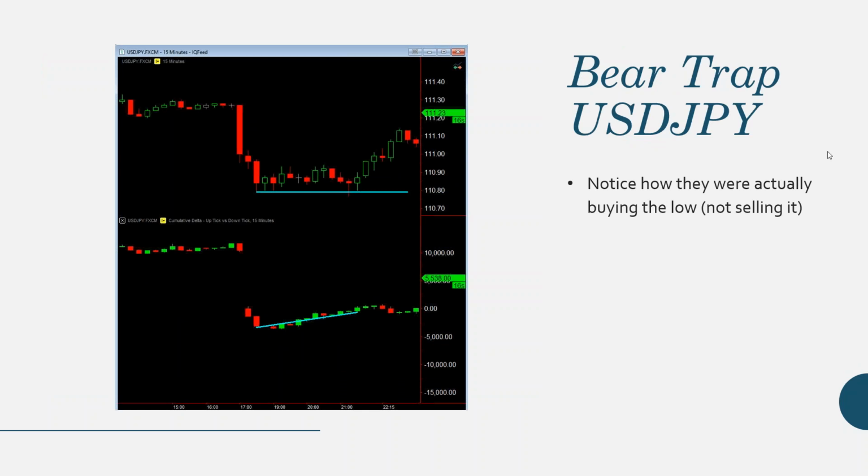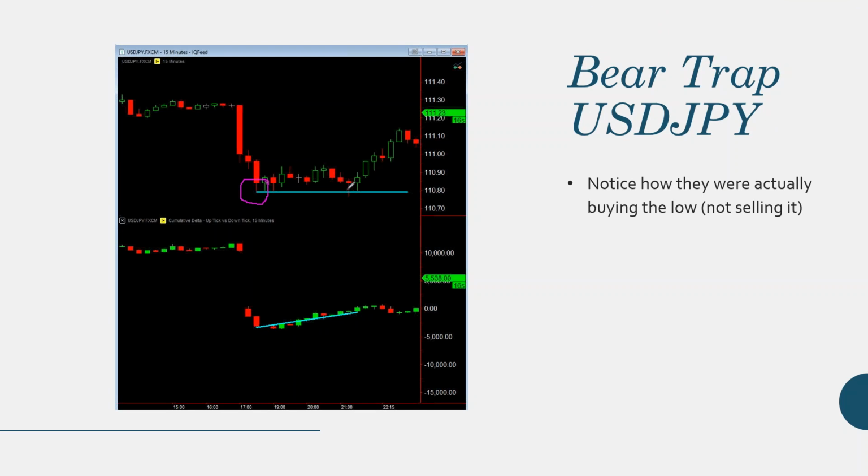Now, this is a bear trap on the USD JPY. As you can see in the chart, this is your one identification that a trap is going to happen. You make a low, okay? When you make that low, just snap a horizontal line on it.